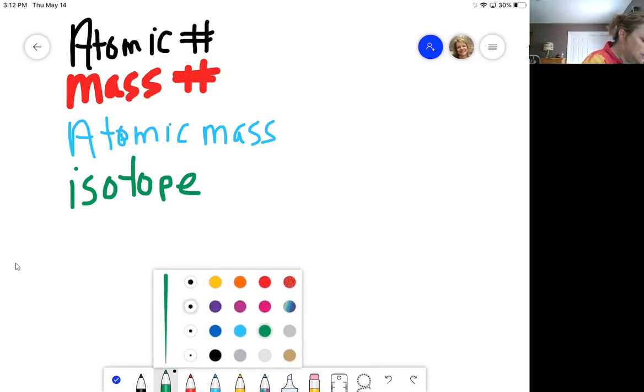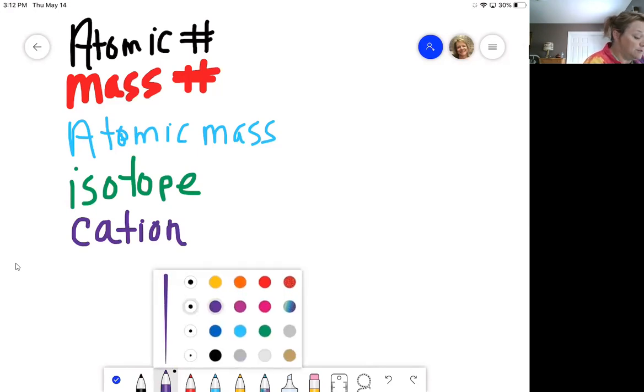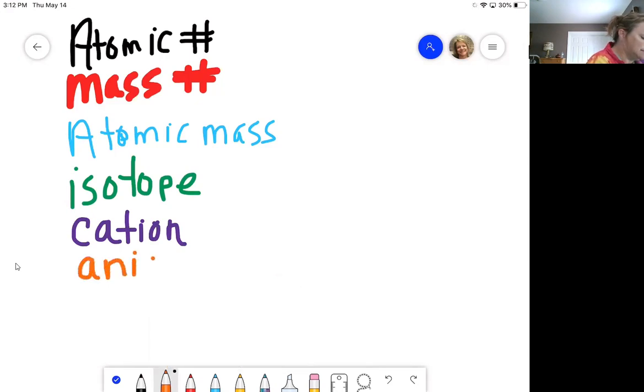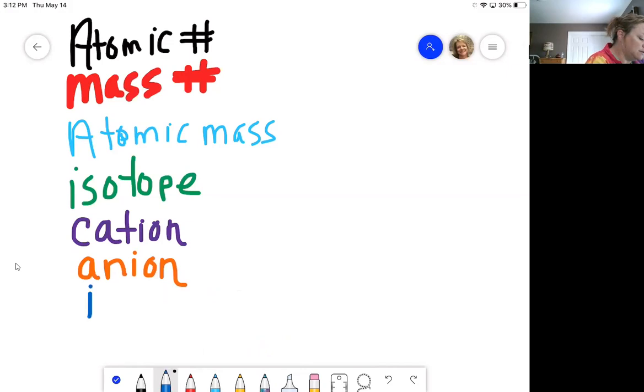I believe I taught you a little thing called a cation, an anion, and let's also understand the difference between just a plain old ion. So any of these that you know the definition to, pause the video, write down all the definitions that you know, and those that you don't know off the top of your head, use your notes, and when you've answered all that you can, turn back on the video, we'll come with the answers.